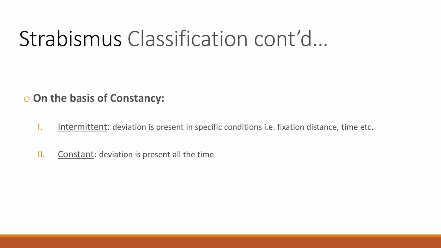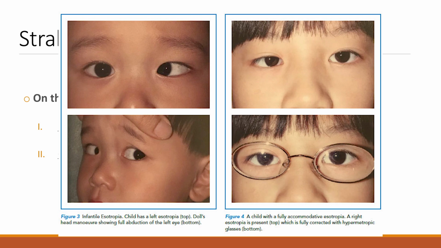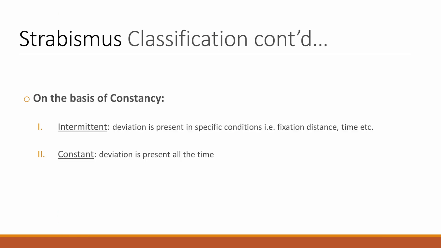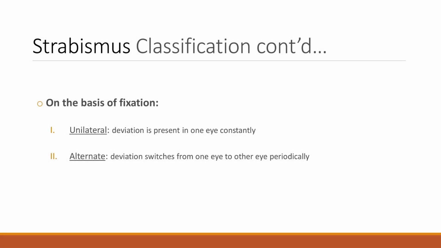In intermittent deviation, the squint is present in specific conditions like fixation distance, fatigability, weakness, or some diseases, so it may be present at that particular time. While in constant, the deviation is present all the time. It is also classified on the basis of laterality of fixation, that it may be unilateral or alternating. In unilateral strabismus, the deviation is constantly present in one eye, usually because of poor vision, like dense amblyopia.